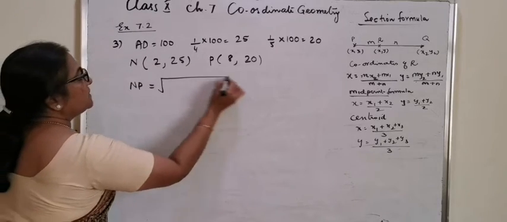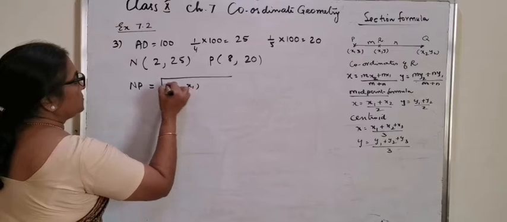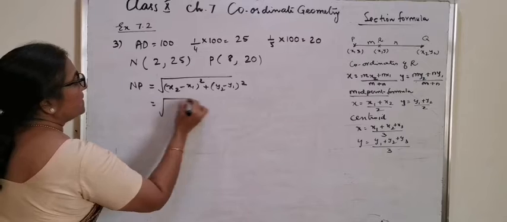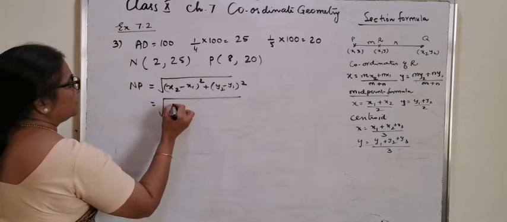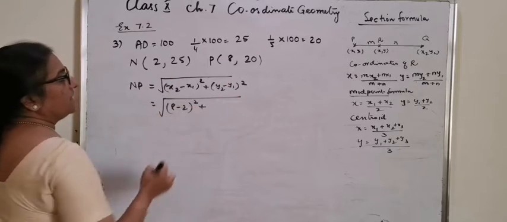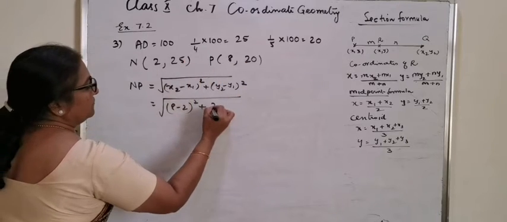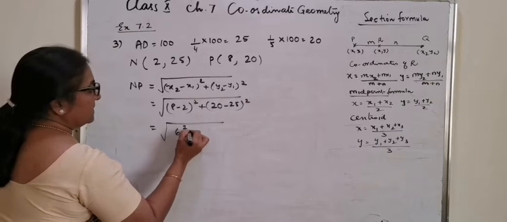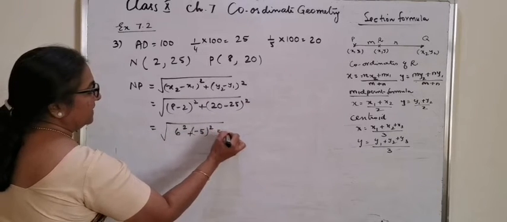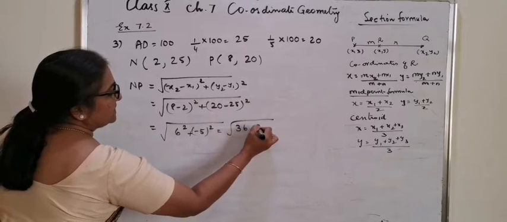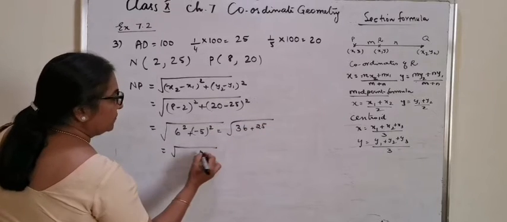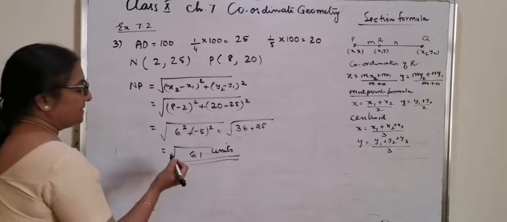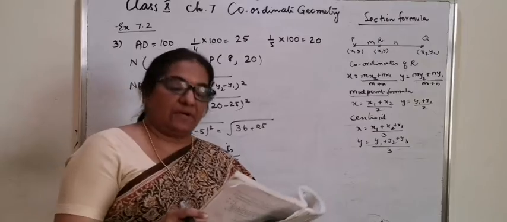NP is equal to square root of (x2 minus x1) the whole square plus (y2 minus y1) the whole square, which is root of (8 minus 2) the whole square plus (20 minus 25) the whole square, root of 6 square plus minus 5 square, root of 36 plus 25, root of 61 units. That means the distance between the two flags is root 61 units.